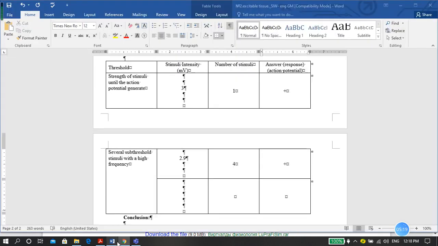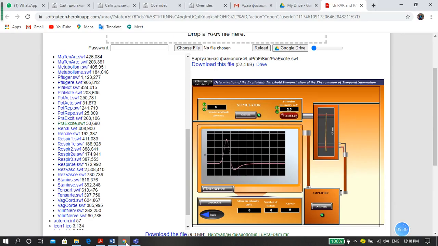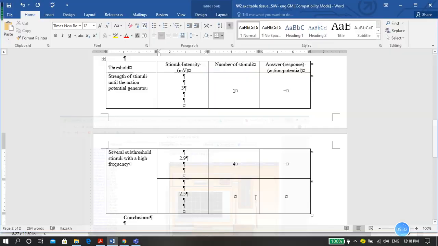So here I write, if I use a subthreshold stimulus strength of 2.5 microvolt, I get an action potential after using a frequency of 6.